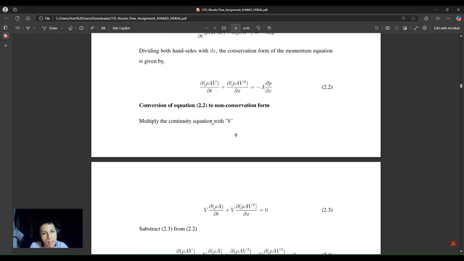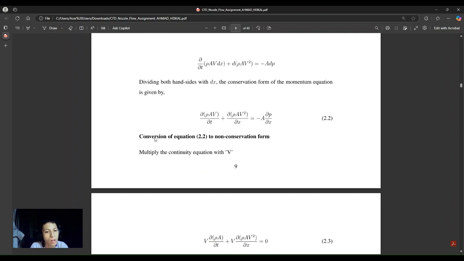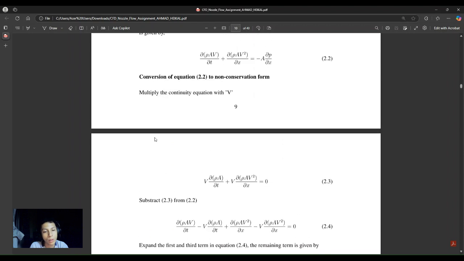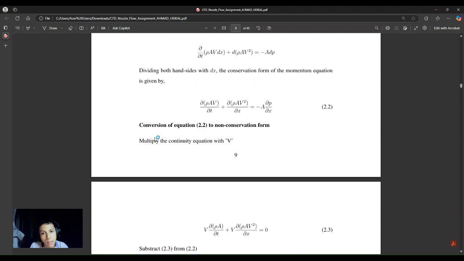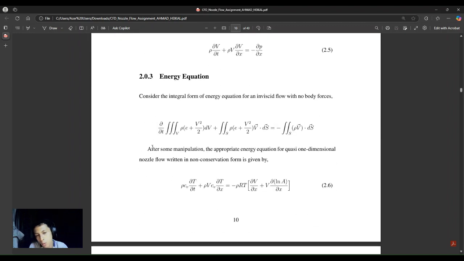And this is the conservation form of the momentum equation, and I also include the method on how to convert the conservation form of the momentum equation to the non-conservation form, where we need to multiply the continuity equation by V, then subtract the result from the conservation form of the momentum equation. For the energy equation, I'm not going to derive it fully, because the approach is just the same as the related equations.